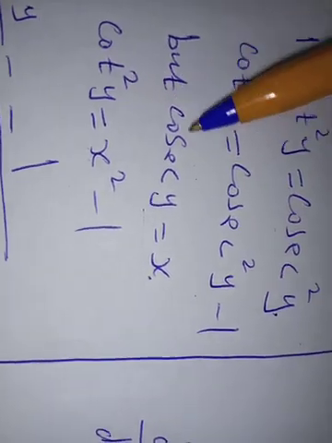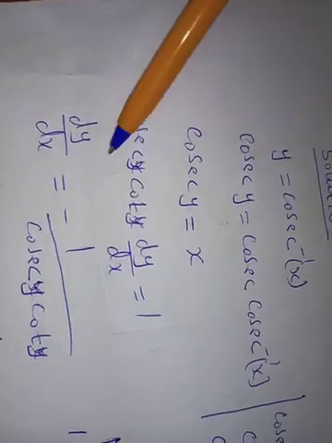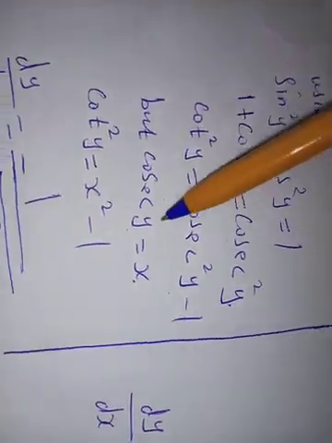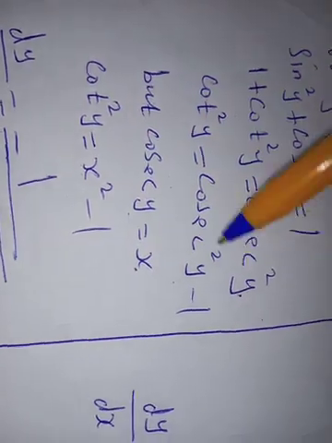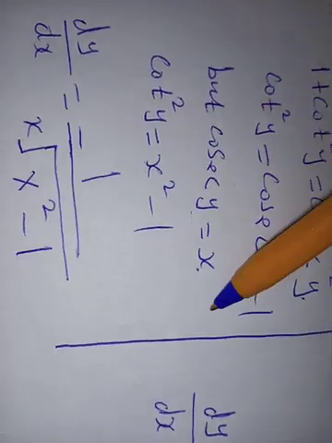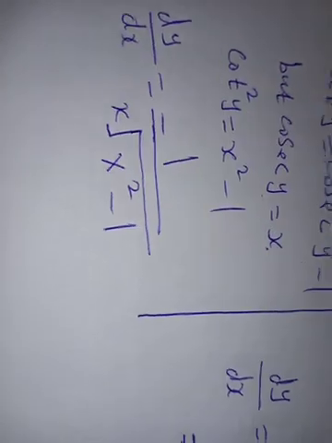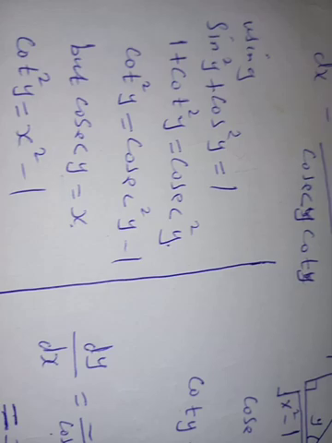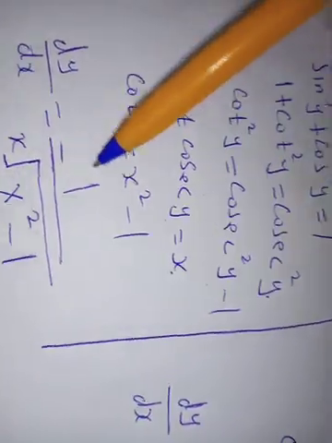But cosec y is equal to x, as given here. So you substitute cosec y with x and you square. So cot y squared is equal to x squared minus 1. Because what we have here is cot y, we get the square root.